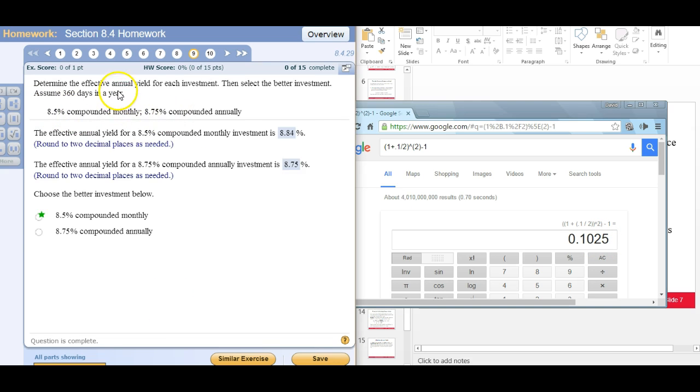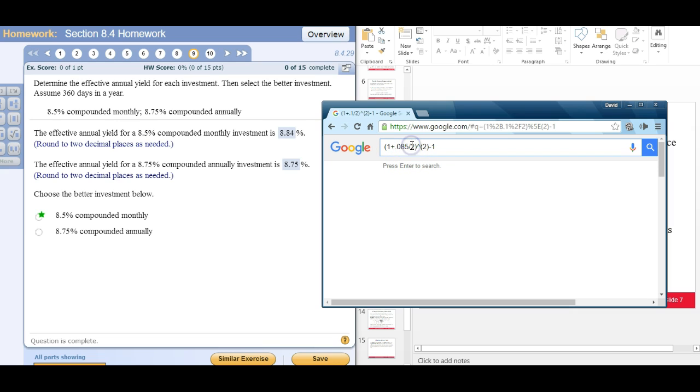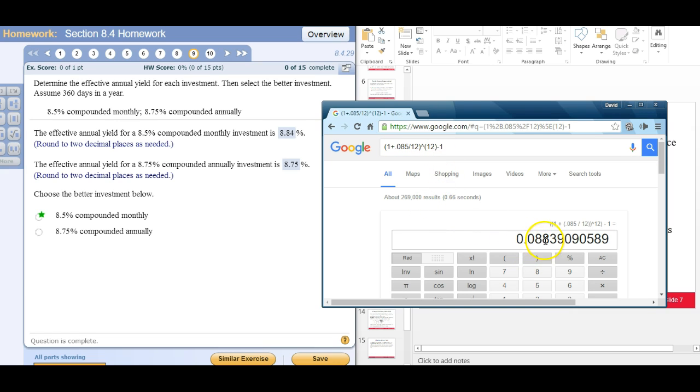And this one's having me determine yield for 2 different accounts. So again, it's just a 1 plus. The decimal here is 8.5%, so that would be 0.085. And it's compounded monthly, so that's 12 and 12. Alright, and there it is, a decimal, so move it 2 places, so 8.8, let's see, they want it 2 decimal places this time, so 8.839, so 8.84.